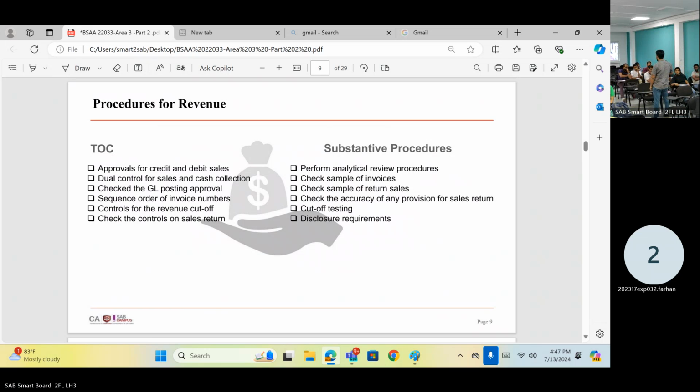Gratuity is another estimate. Gratuity, some other provisions, insurance contract liability. What do you have to do? Again it is the calculation, right? That calculation should be tested, and in most cases we get external support from a valuer.